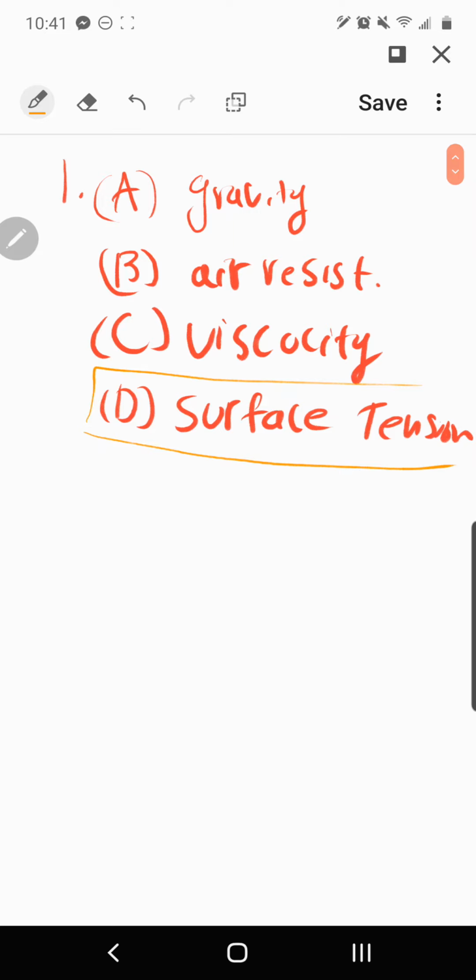A lack of surface tension would cause the water droplets to separate as they're dripping out of the faucet. There is a lower surface tension when that is occurring, so instead of coming out as a stream, it will drip. So the correct answer for this is D. Nice. Okay.